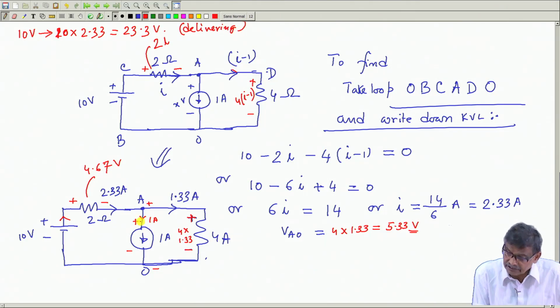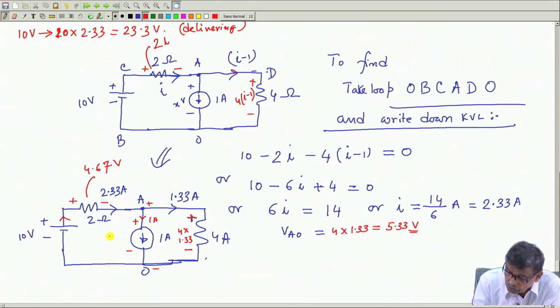Acha, what is this current source doing? Let us see. Current source is having a voltage drop across it, which is equal to 5.33 volt, 4 into 1.33, with this side plus and this side minus, and the current is entering through the plus.